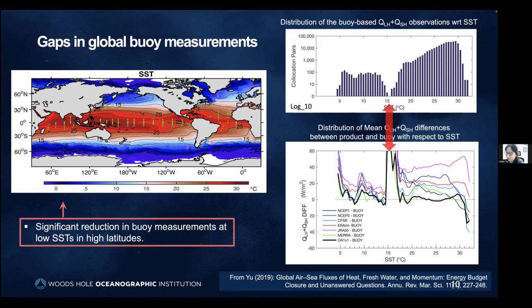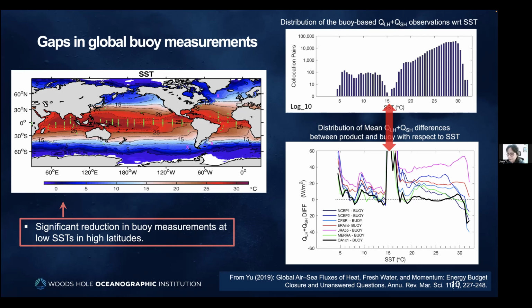You can see that there's a gap around 15 to 16 degrees of SST, and also at the lower SSTs, and those numbers are only about hundreds. I mean, there's only about 100 observations of these turbulent fluxes. Of course, we do not include OI here; once we include OI, the number will increase.